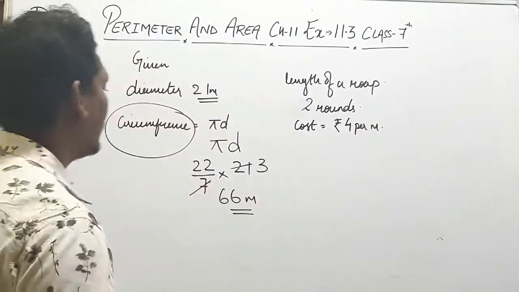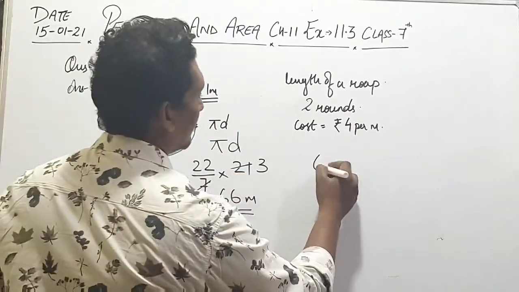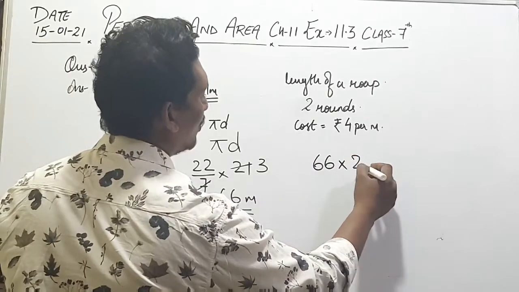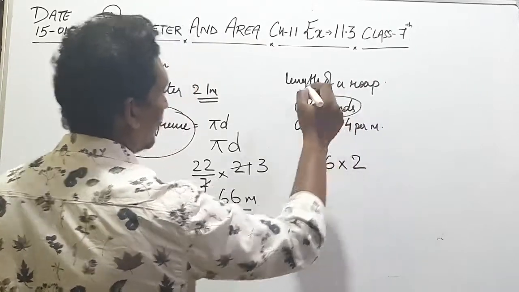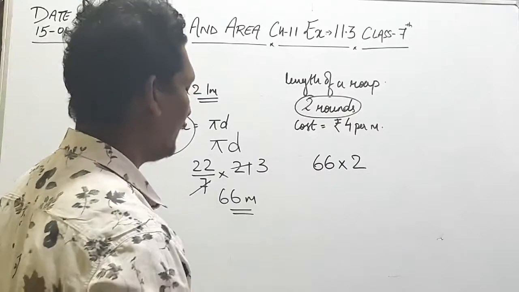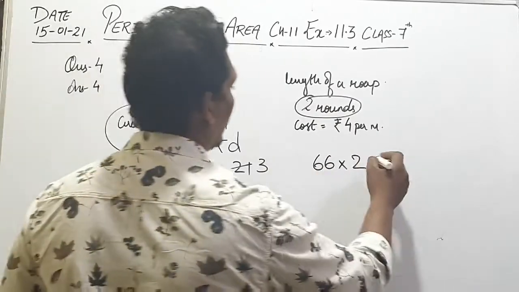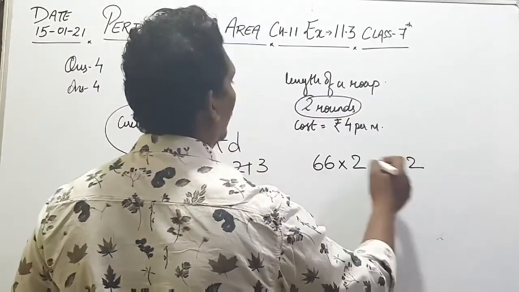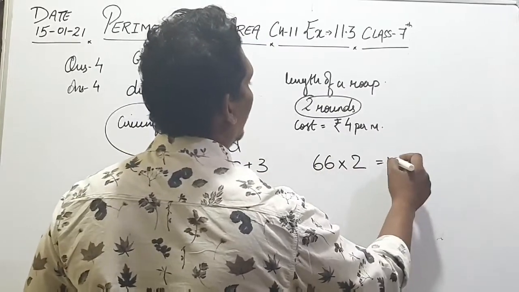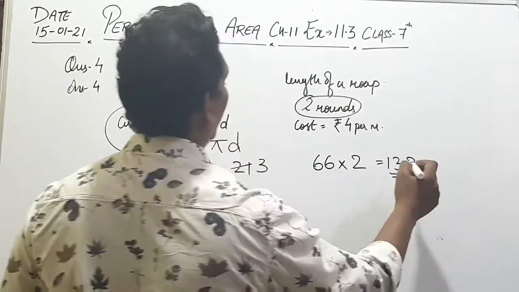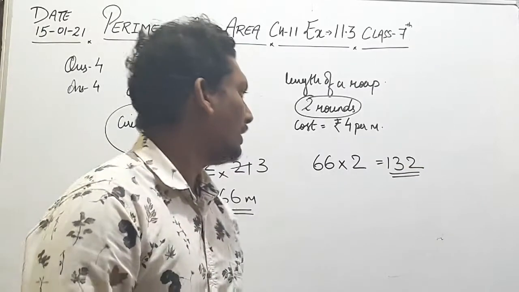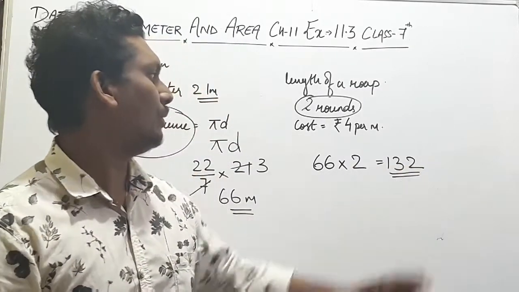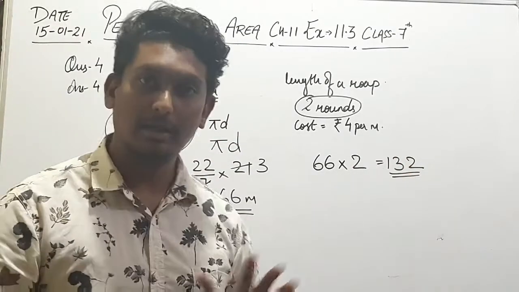What you have to do is just multiply this 66 with 2 rounds. 2 6 are 12, 2 6 are 12 plus 1, 13. So in 2 rounds 132 we will get.